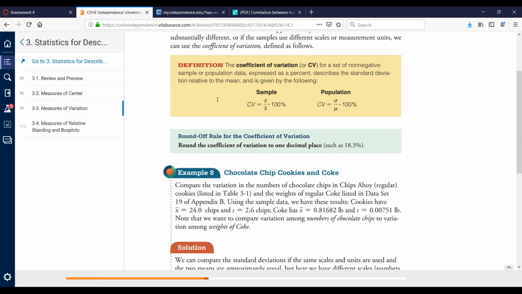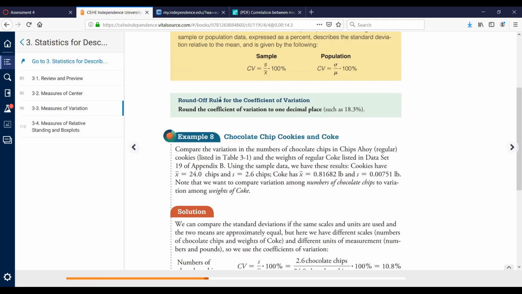So we express it usually as a percent, but it can be expressed as a decimal. And the calculation is right down here.